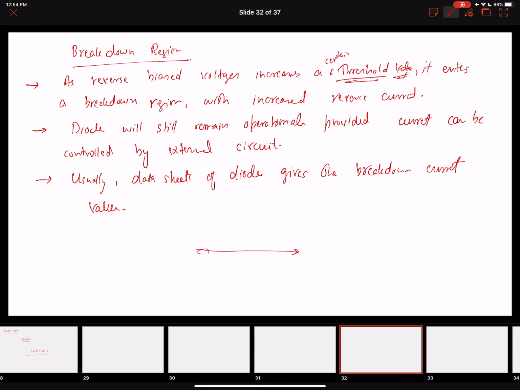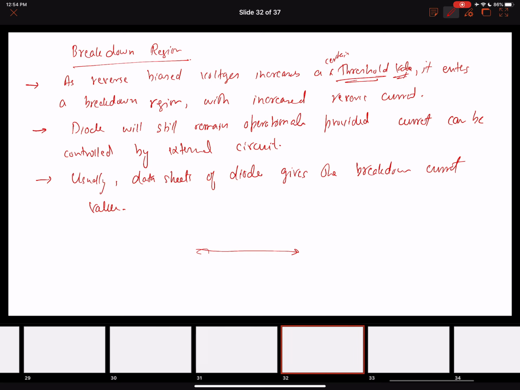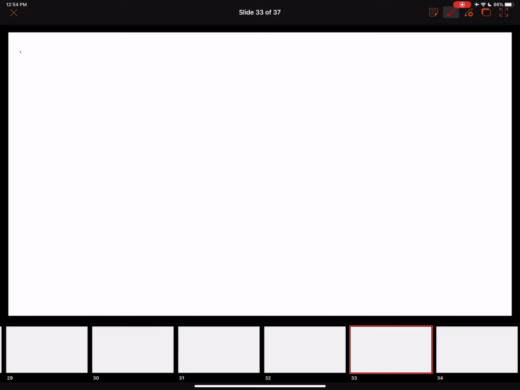All right, so let's do one more example. We have a diode here, and plus minus V is the voltage appearing across the resistor.